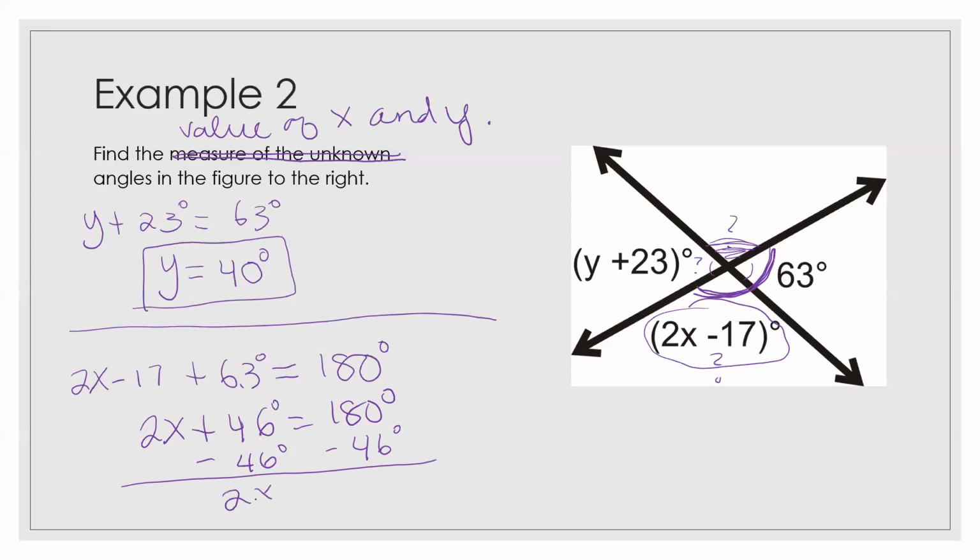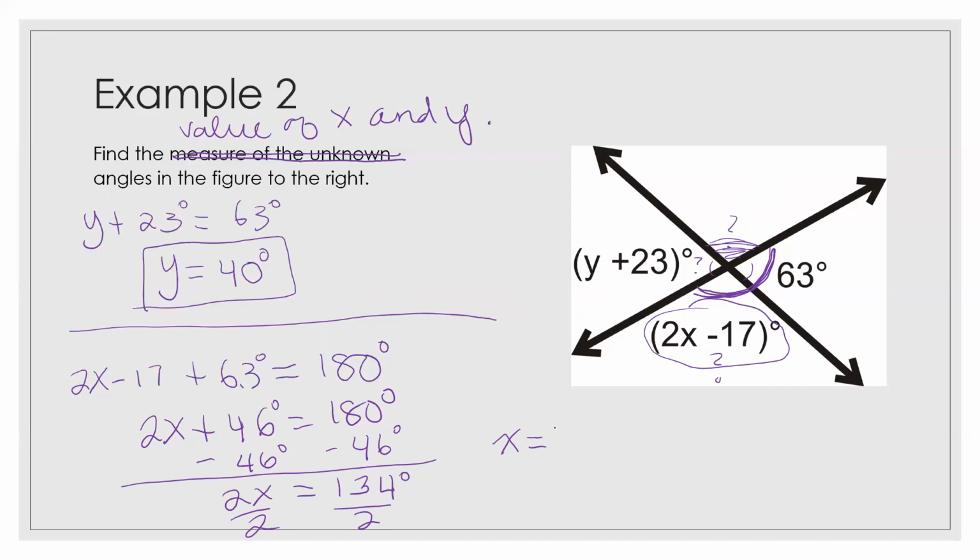So then 2x is equal to 134, and divide by 2. That's how we solve. We undo the operations. So x would be 134 divided by 2.